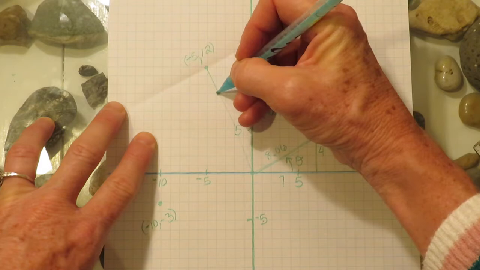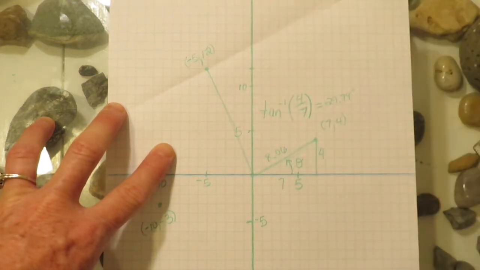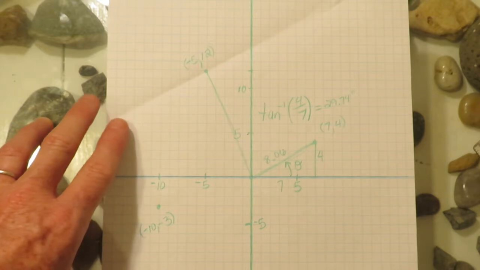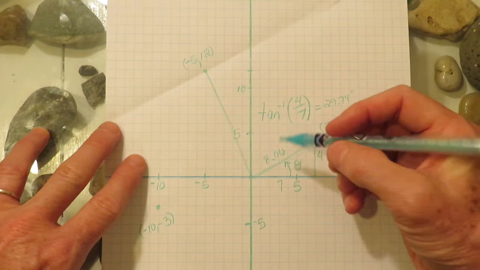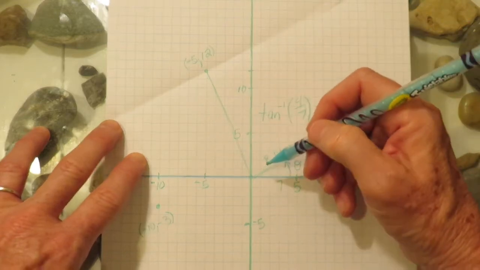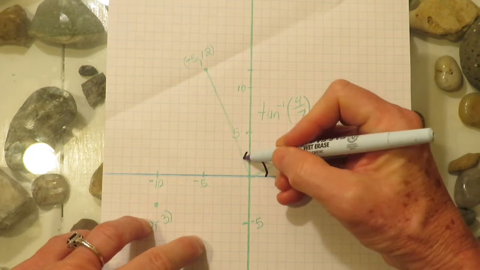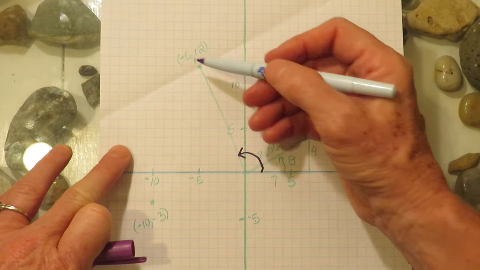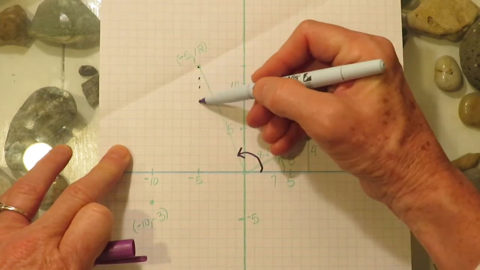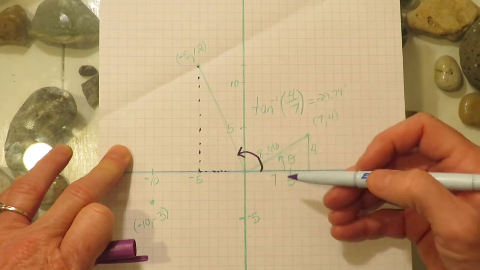So I still want to find this angle, but notice a little more thinking has to be involved, but it's still thinking we're capable of doing because we're good trig students. The angle that I really want is this angle, and I can see it's more than 90 degrees, but my coordinates are actually forming a right triangle over here in quadrant 2.